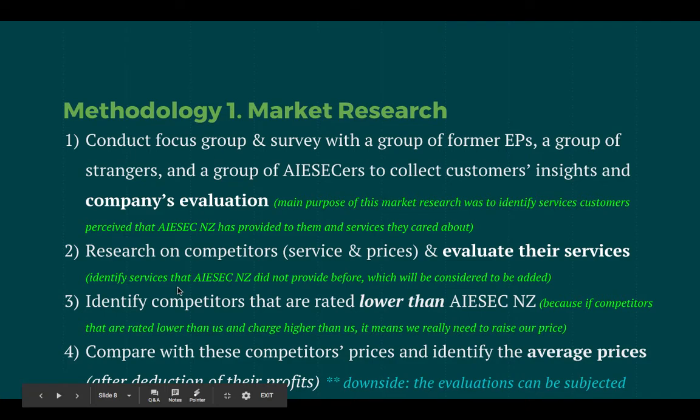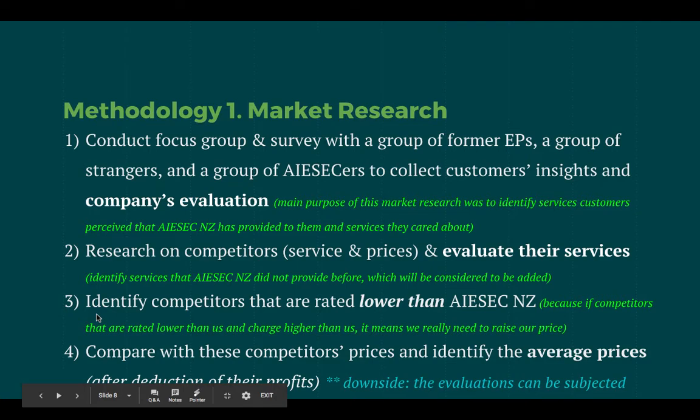And the second one is the competitors. The purpose is to identify services that we did not provide before. And these services will also be added into the competitor analysis so that we can see how we are doing in the market.